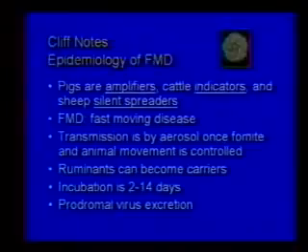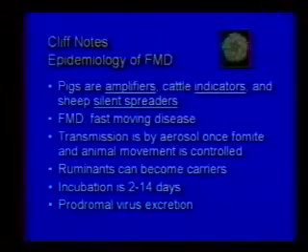So if we now summarize very quickly the situation regarding the epidemiology of foot and mouth disease, we can categorize pigs as amplifiers, and I'll come back to that in a short while, cattle as indicators, and sheep as silent spreaders.